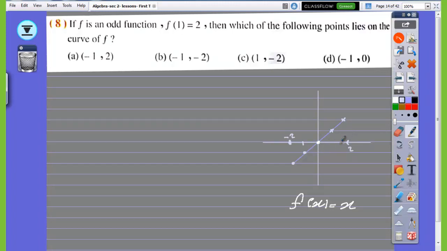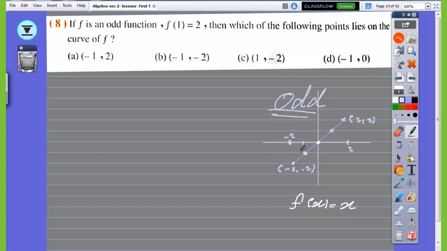Let us study the points here. We have the point 2 and 2. Its image by reflection on the origin is negative 2 and negative 2, and so on. If you have a point in an odd function, f of x equals x, also f of x equals x power 3 is odd.